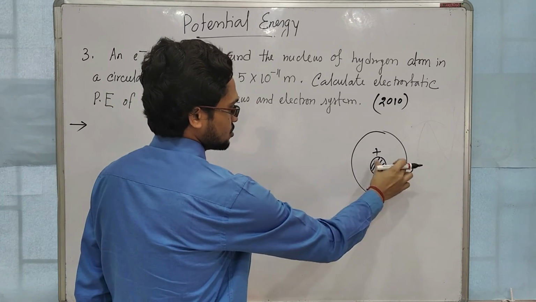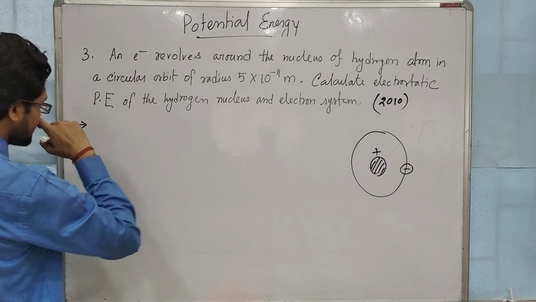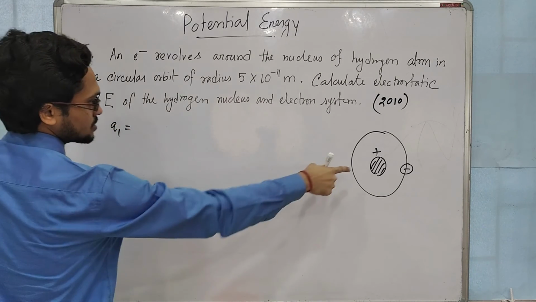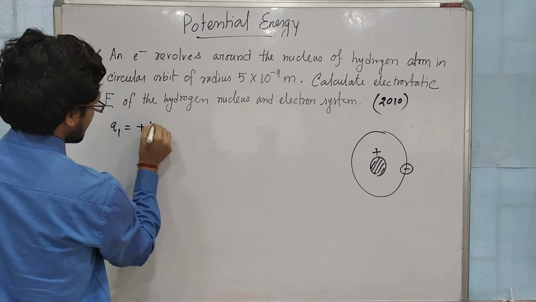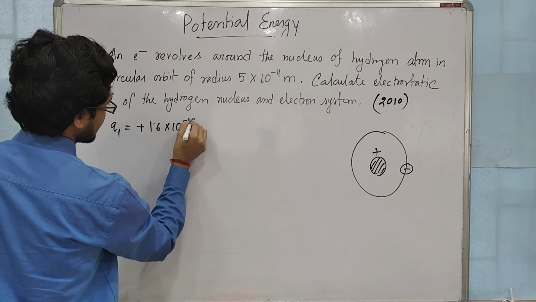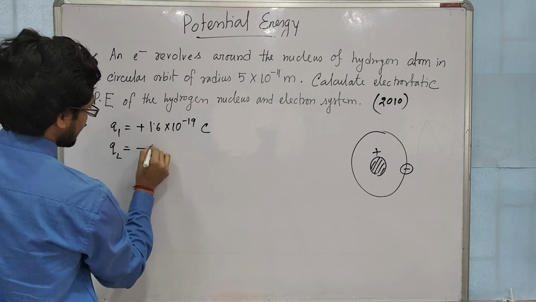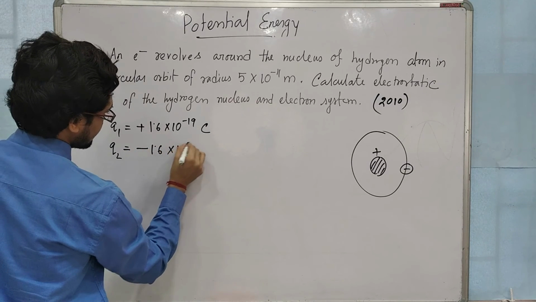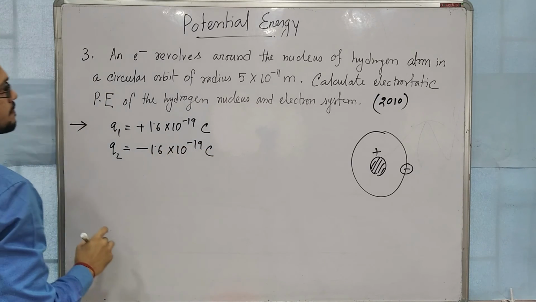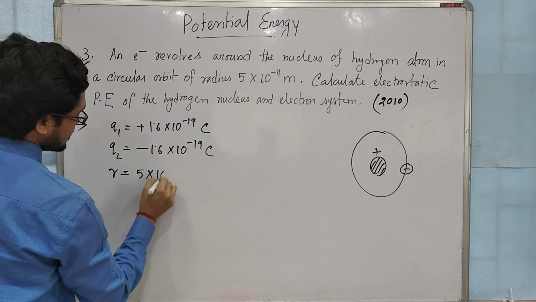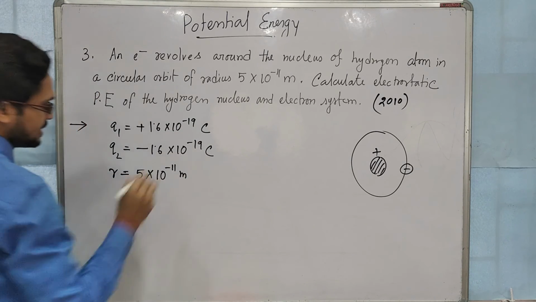So these are the two charges. Suppose Q1 is positive, that means plus 1.6 into 10 to the power minus 19 charge of proton, and Q2 is electron, so minus 1.6 into 10 to the power minus 19 coulomb, and the radius is 5 into 10 to the power minus 11 meter.